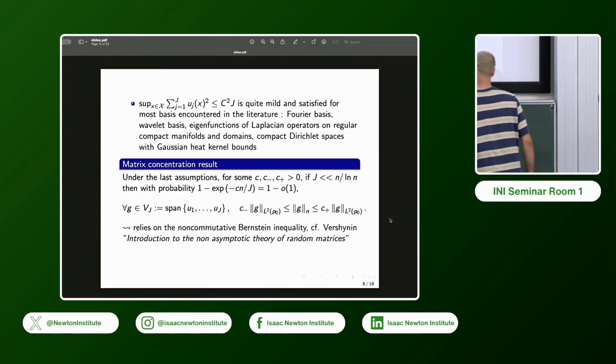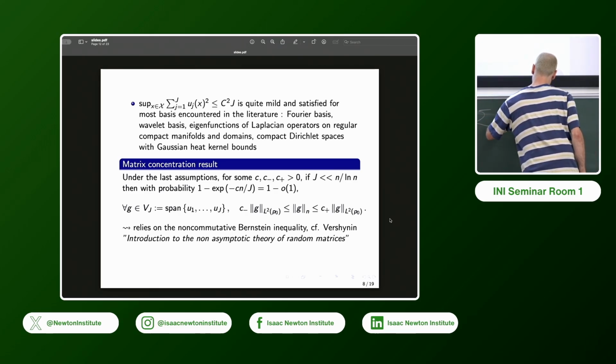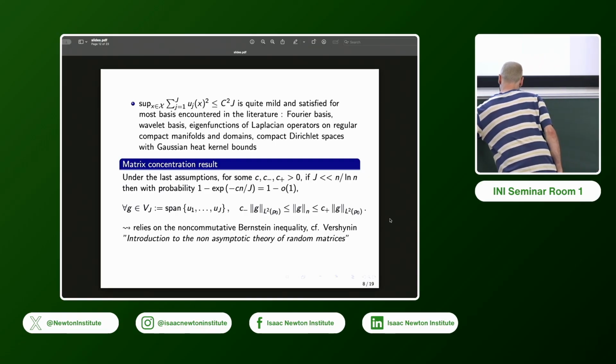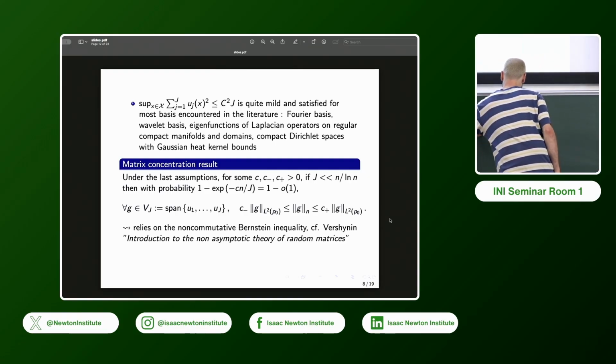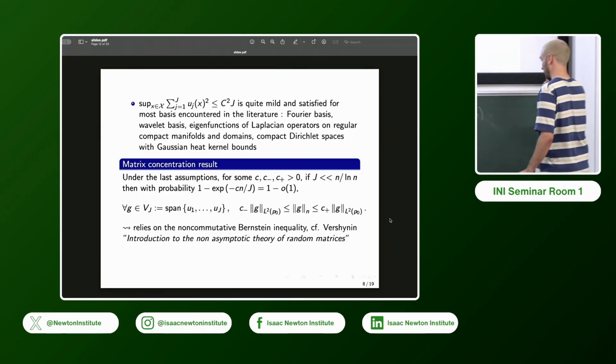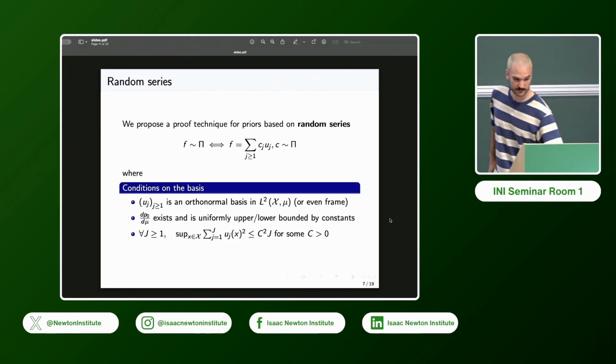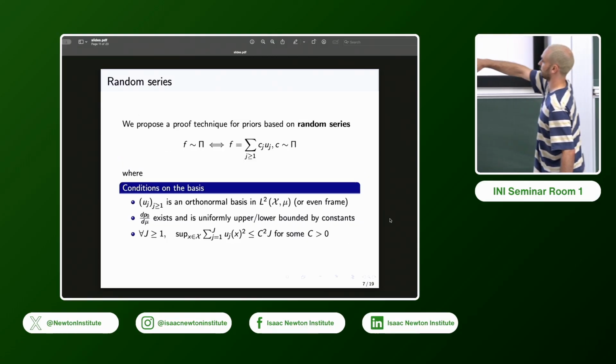Then if you look at the sum of psi_jk squared of x, summed over j less than capital J and k in I_j, it's the analog of this sum here.